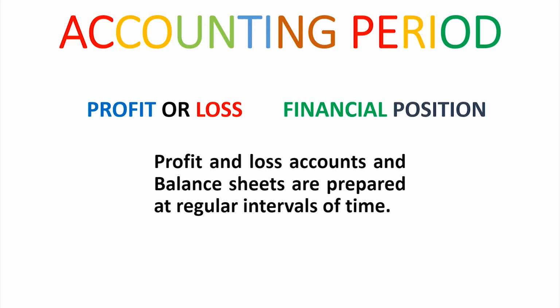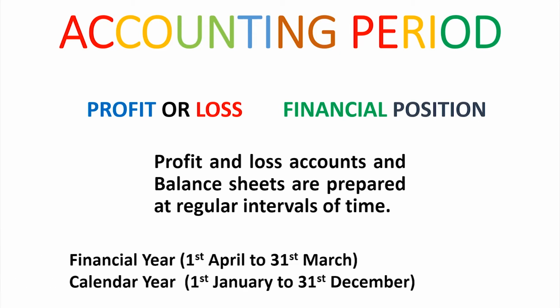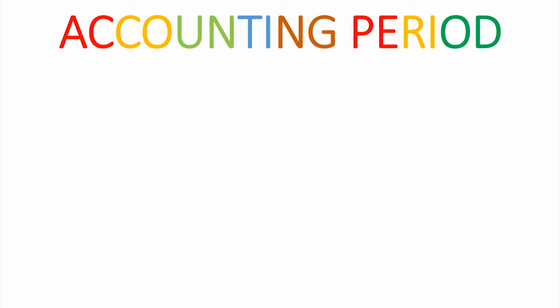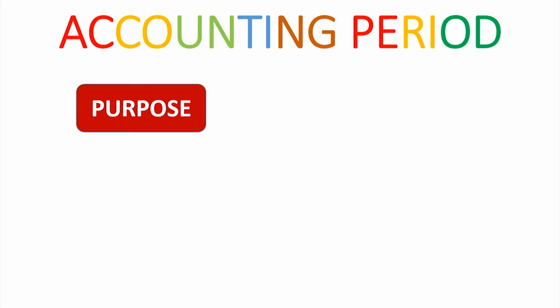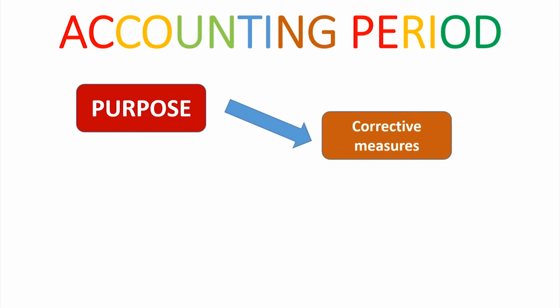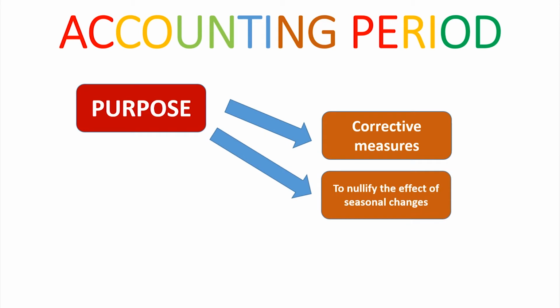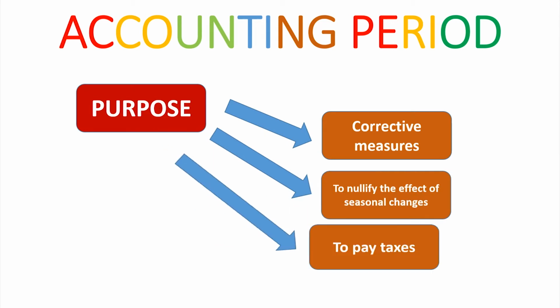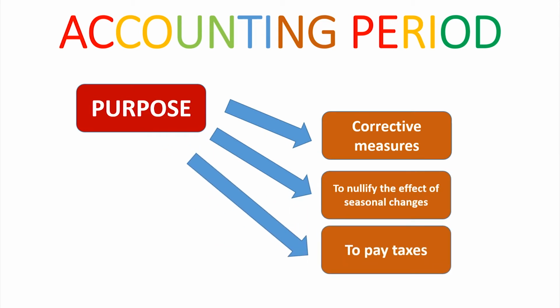Normally, an accounting period is for 1 year, which can be a financial year, that is, 1st April to 31st March, and calendar year, that is, 1st January to 31st December. The purpose of having an accounting period is to take corrective measures, keeping in view the best performances, to nullify the effect of seasonal changes, to pay taxes, etc.